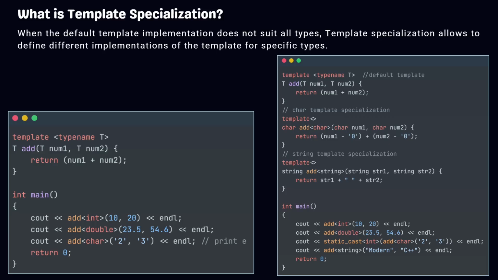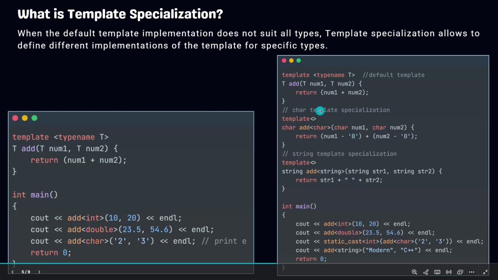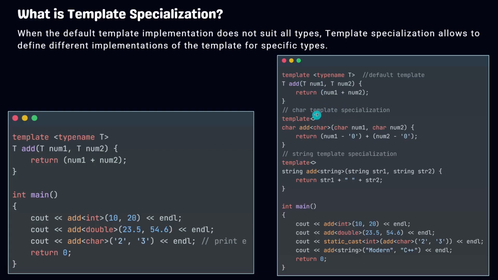If you are writing your template specialization method, you should know this logic. If our generic template method will not support all the data types, and we want some special implementation for a particular data type, we can use template specialization and provide our own logic.